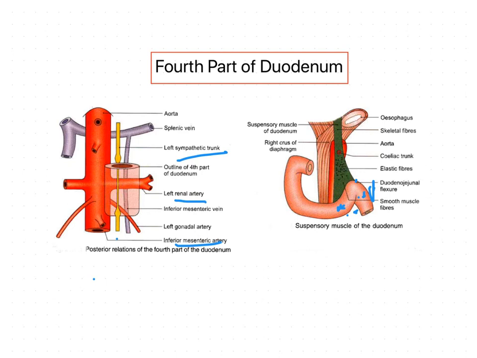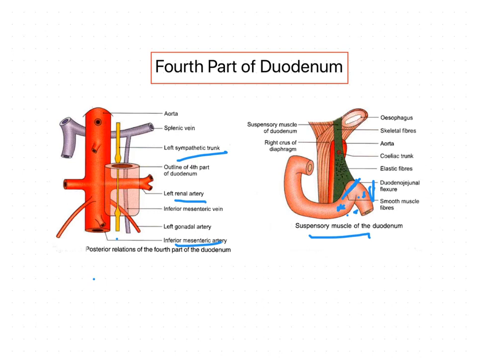Before that, we have to know the suspensory muscle of the duodenum, or it is also called the ligament of Treitz. This is a fibromuscular band which suspends and supports the duodenojejunal flexure. This is the duodenojejunal flexure.